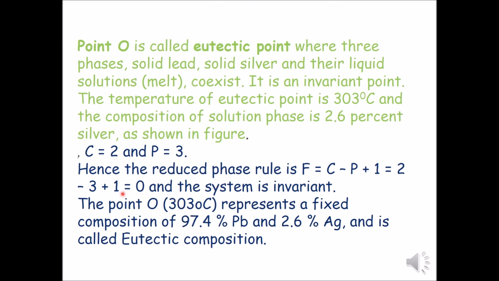So why? F is equal to C minus P plus 1, components 2, phases 3. So degree of freedom will be 0. And system is invariant, and this is the composition. One more time you can see. And it is called eutectic point. So this is all about silver lead system, which is also known as eutectic system.